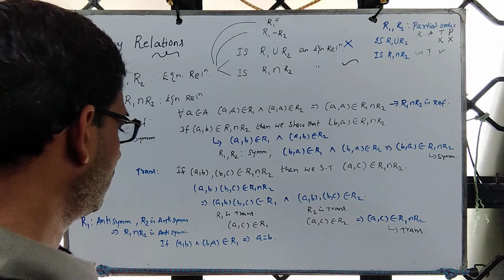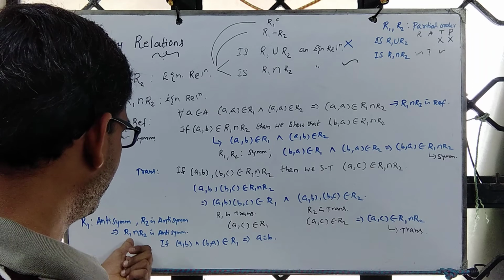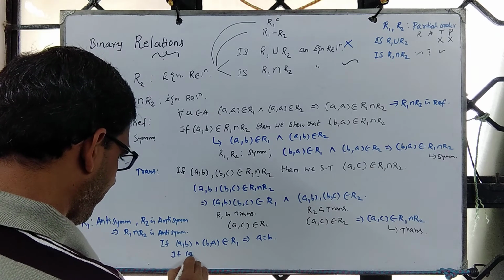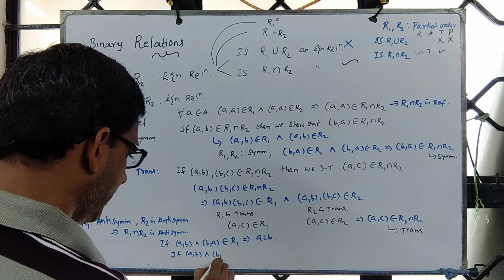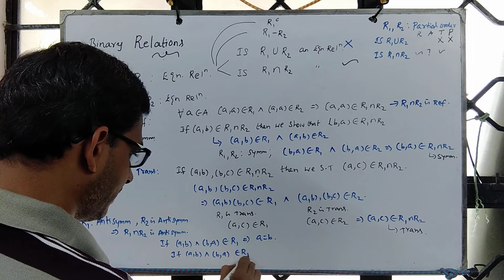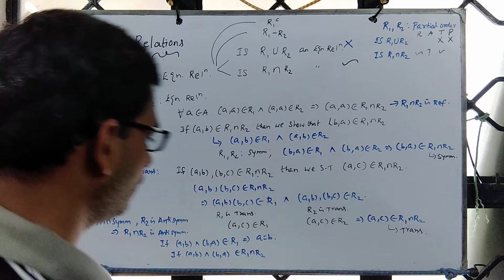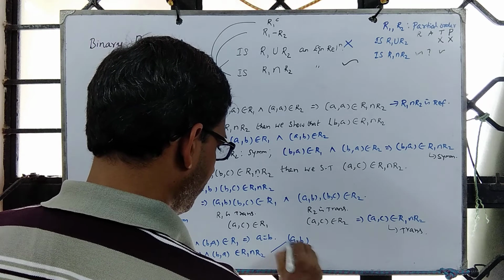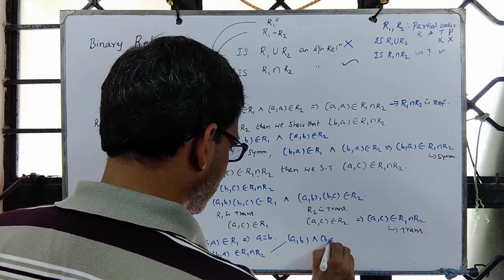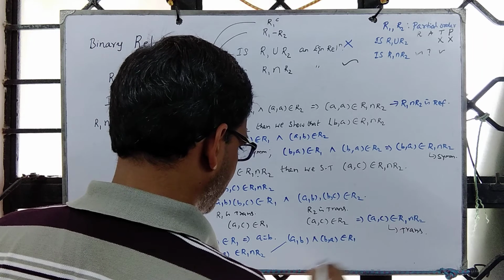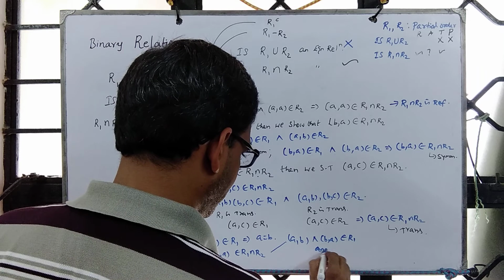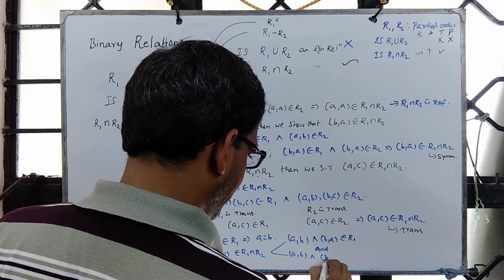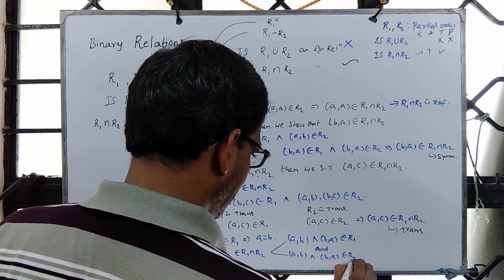Fine. So if (a, b) and (b, a) are both present in R1 intersection R2, then we know that (a, b) and (b, a) are present in R1, and (a, b) and (b, a) are present in R2.